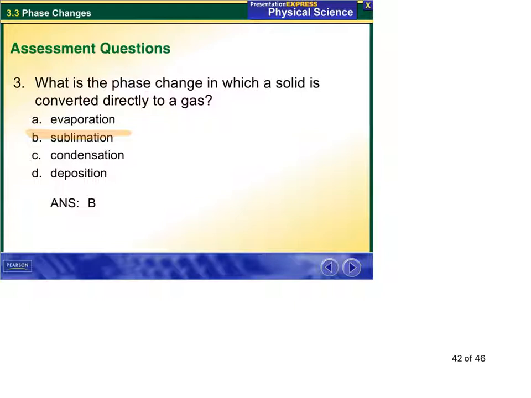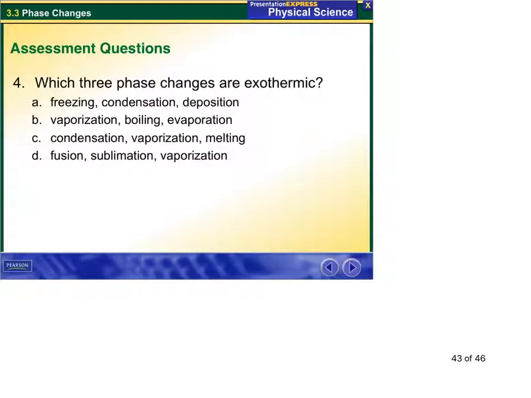Sometimes we will see sublimation used both for solid directly to gas and gas directly to a solid. Exothermic phase changes mean energy is being released, and energy is released in freezing, condensation, and deposition. D we shouldn't even consider because it's got fusion in it and is not a phase change.